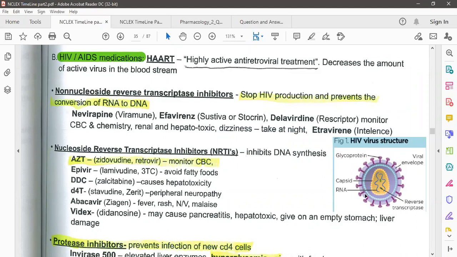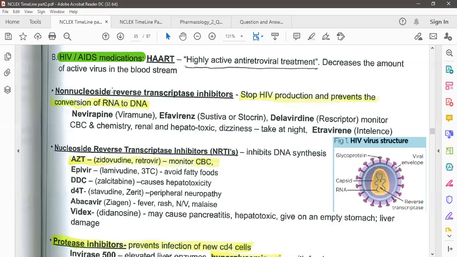In this picture, we can see the HIV virus structure. The outer layer is called the capsid, and HIV, as I told you, is an RNA virus. So some of the HIV medications stop RNA replication or inhibit the enzyme that is necessary for formation of the RNA.